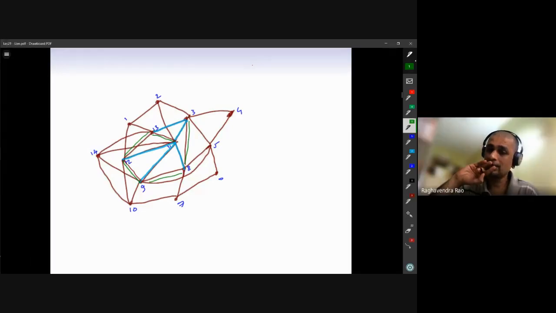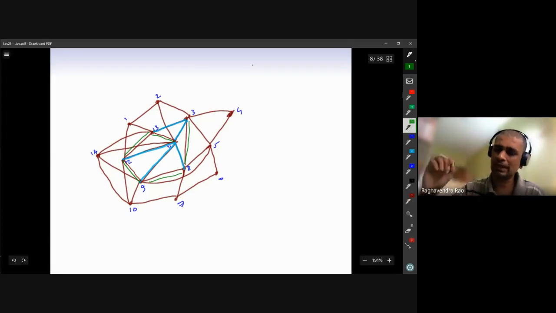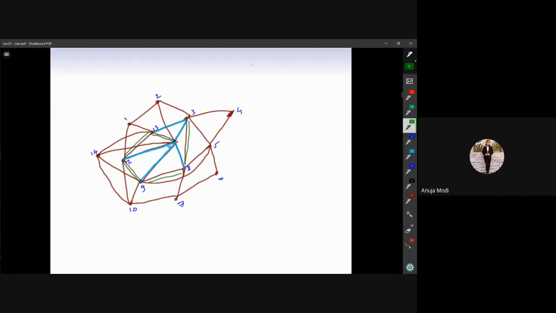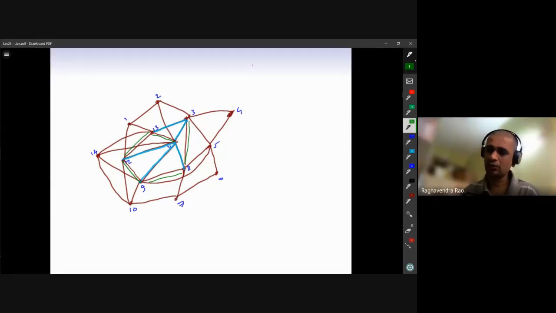No, so 113, the moment you add 113, 113 is not in A, right? So 113 will not form a cycle in A, right? We already lost the game. So it should form a cycle. So the only way I see is 1388. I can add, which also creates a cycle in A, but it also creates a cycle in B. Another possibility is to include that in my graph and then add that edge.